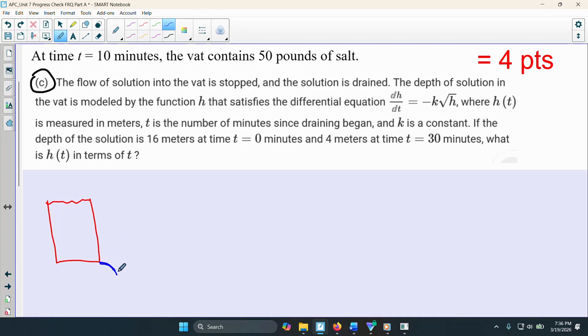So I'm showing you it's drained out according to this differential equation. Well, what is this? This is really not a volume differential equation. This is the height of your water level. Clearly, as this is being drained, your water level will drop down, and at what rate? At this rate. This is the rate that H is changing.